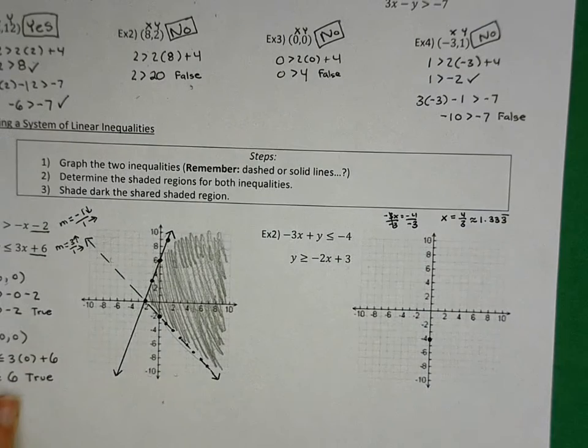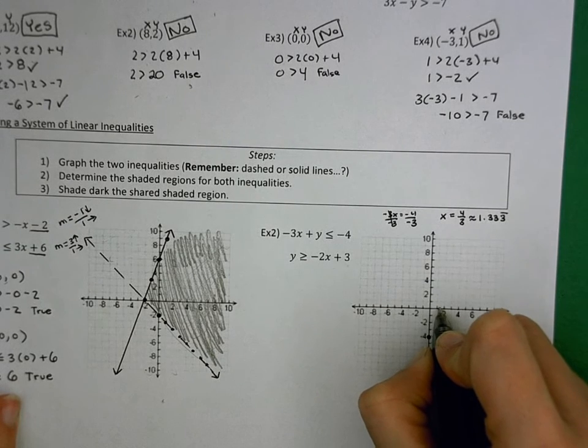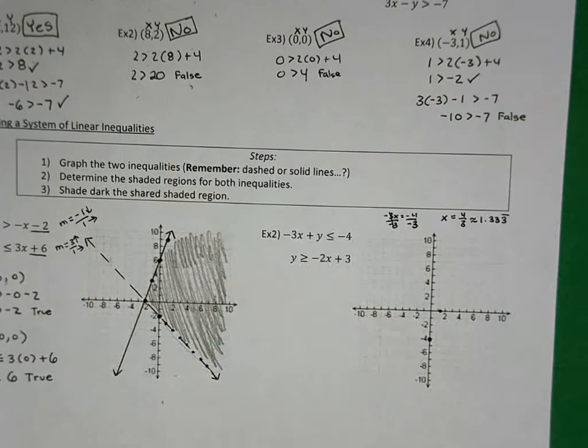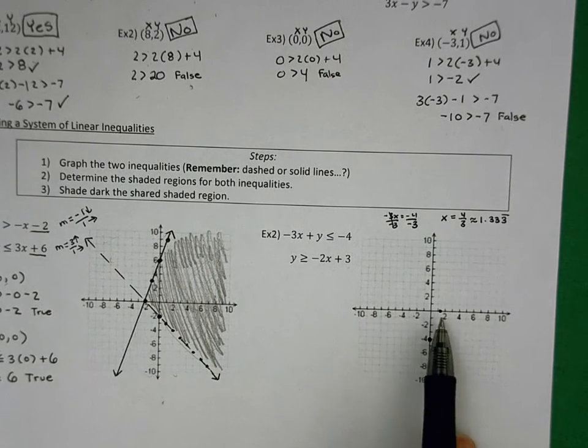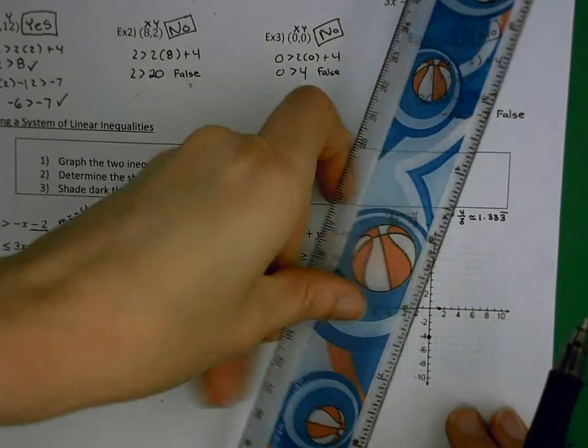So we're going to go ahead and graph where is that? Well, here's x equals 1, x equals 1.333, or 1 1/3 is right there. Just a little bit past 1, a third of the way past 1. Okay, because this is an equal to, this is going to be a solid line here.